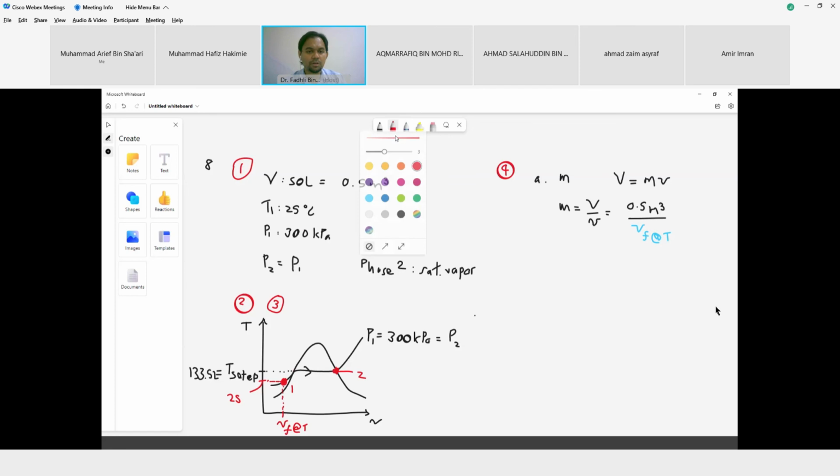Because this point, state 1, the phase is compressed liquid. Tadi kan kita dah jawab soalan tentang compressed liquid. So we can apply the rule: any properties for compressed liquid can be approximated as f at the given temperature.